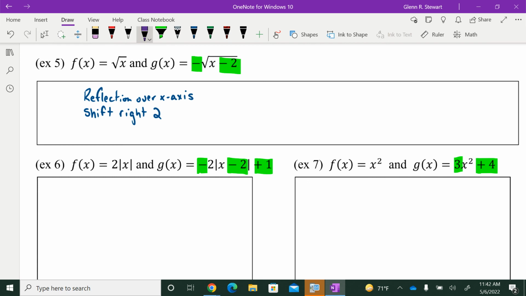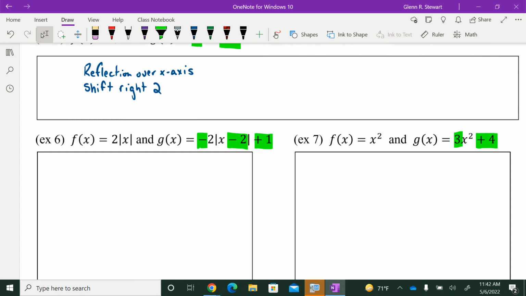All right, the negative. Let's take a look at that. The negative means what? What type of transformations occur? Joaria? Good. Reflection over x-axis.